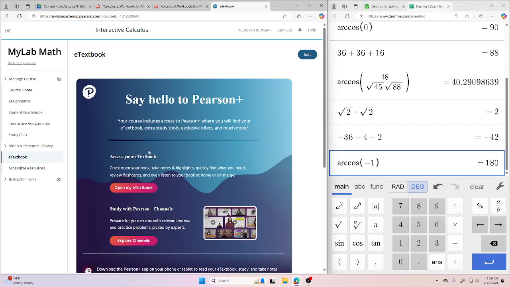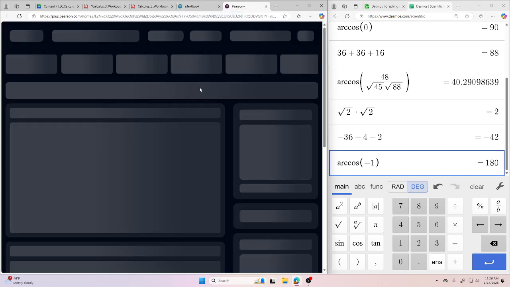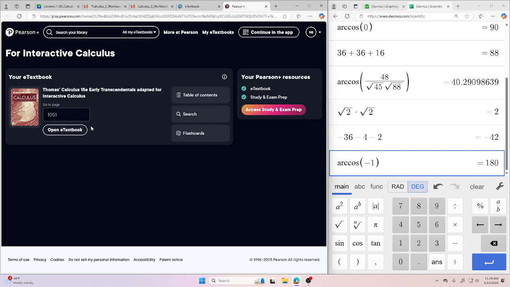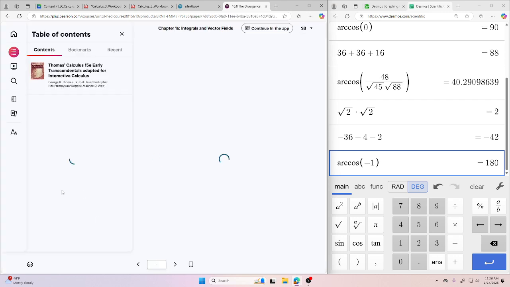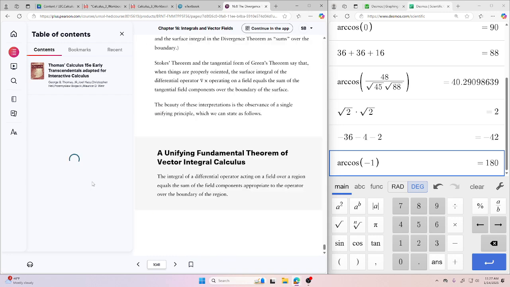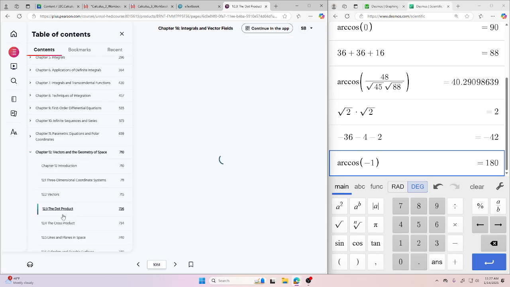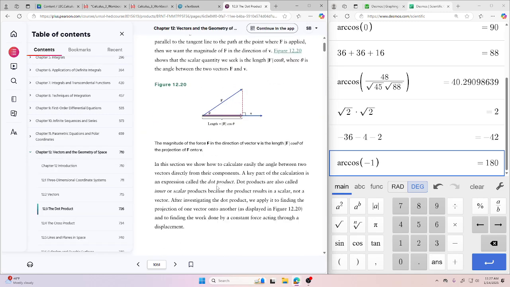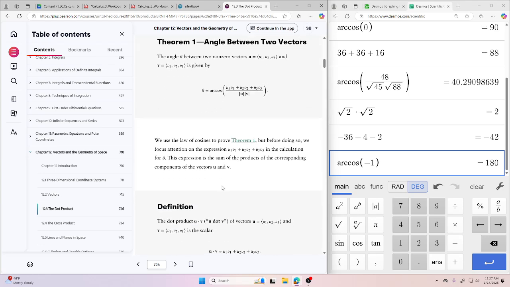Okay, cool. Open the ebook. So this is how you do the ebook, by the way. There's an ebook link, and then you click it, and there you go. So let's just try to find it now. 12.3. I'm going to look for the scalar component of this in the direction of that.